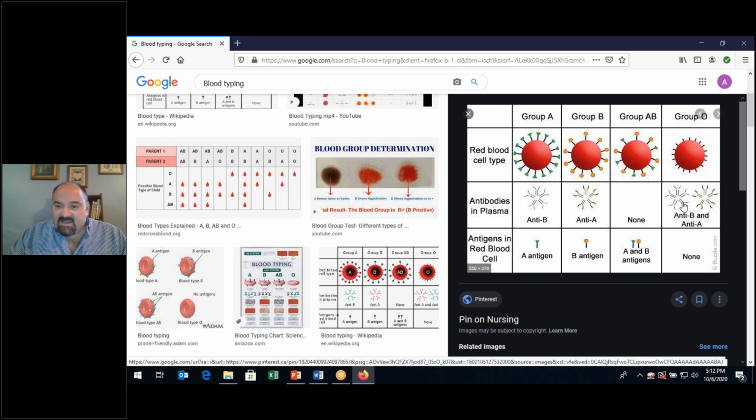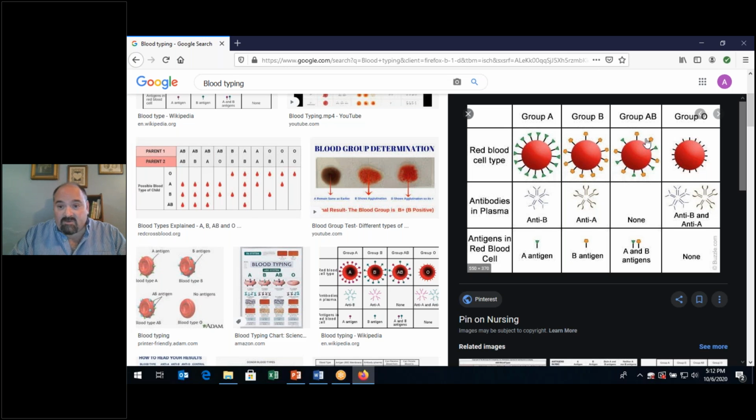But type O blood does have A and B antibodies present. There's no type A or type B antigens present on type O blood. And I'll review this also when I get into the class as far as our lab is concerned.